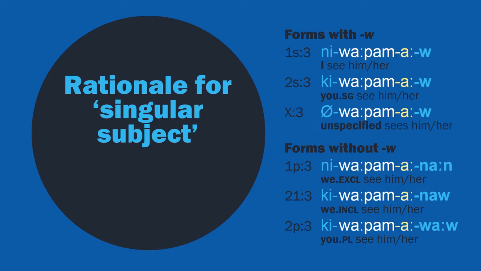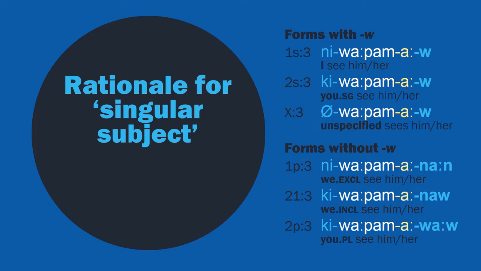If you compare the form that means "I see him or her" with the form that means "we see him or her," the difference between singular I and plural we correlates with just one difference in the morphology. The suffix W appears when the subject is singular, while the suffix non appears when the subject is plural. It's the use of W rather than non that tells us that the first-person subject is singular rather than plural.